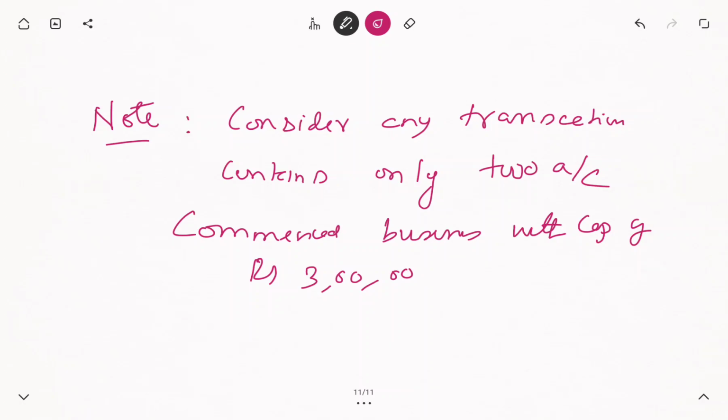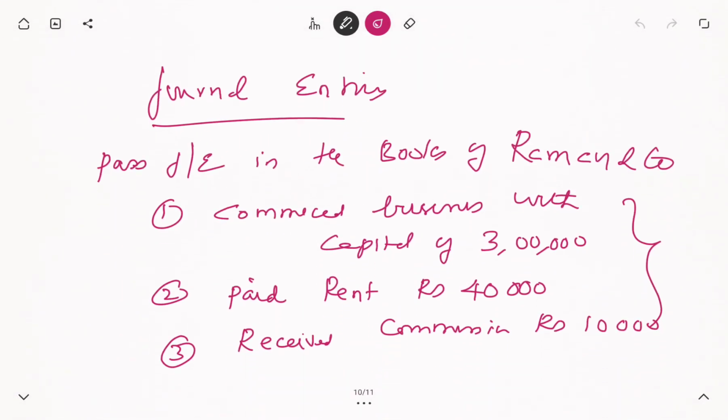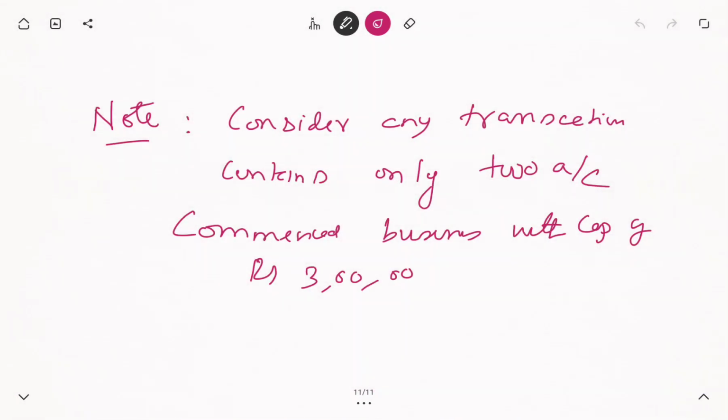This journal entry we are passing in the books of Raman and Co. What are the 2 accounts involved in this? One is cash and other one is capital. Raman is commencing a business with capital of 3 lakhs.